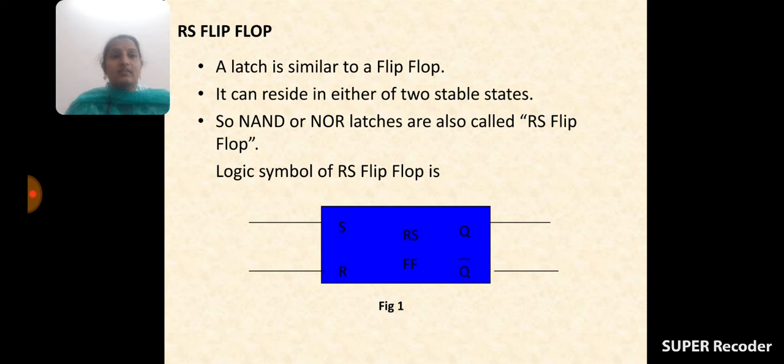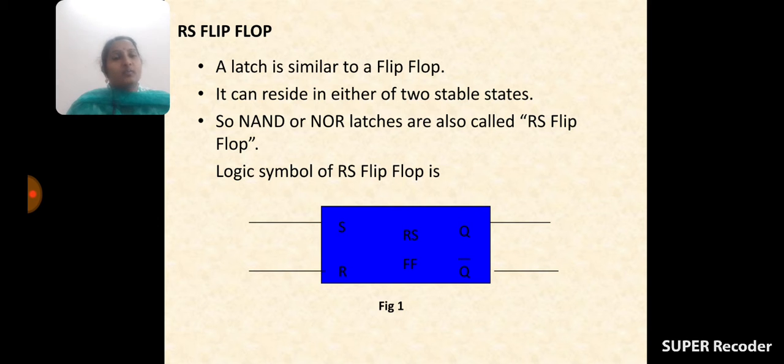Inputs are indicated with S and R, and the outputs are indicated with Q and Q bar. In yesterday's class this was already covered. The outputs are complements of each other, but when we apply both inputs the same, whether 0 0 or 1 1, it will violate the law of outputs.